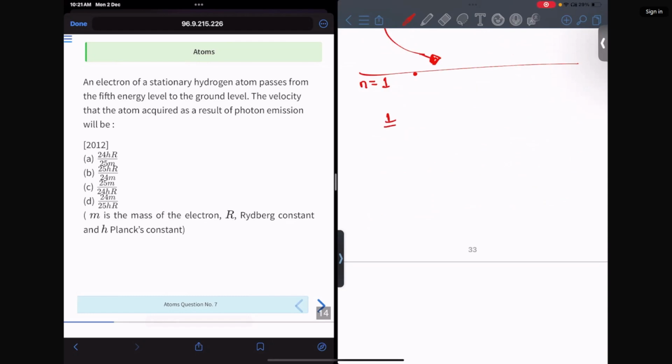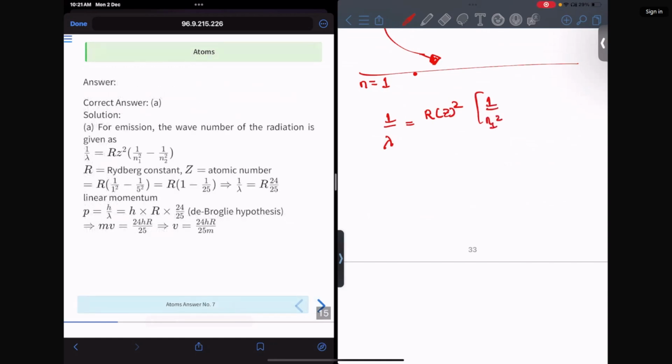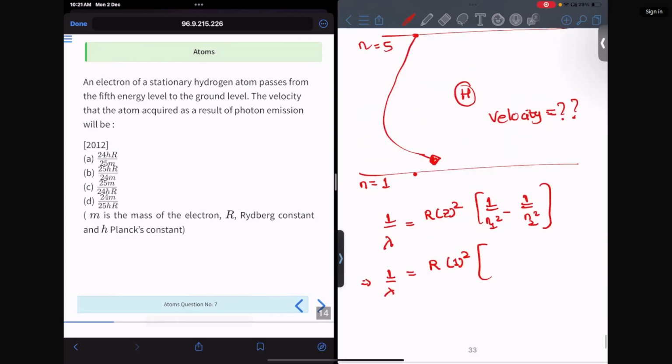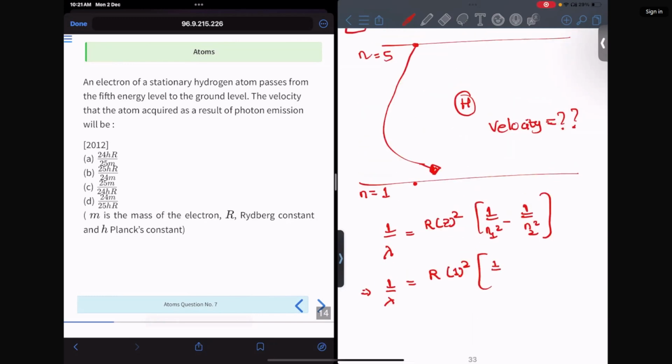You know this formula, 1 by lambda is equal to R Z square into 1 by n1 square minus 1 upon n2 square. So the value of 1 by lambda will be equal to R into Z square, which is 1, into 1 upon 1 minus 1 upon n2 square. This is our n1, this is our n2.